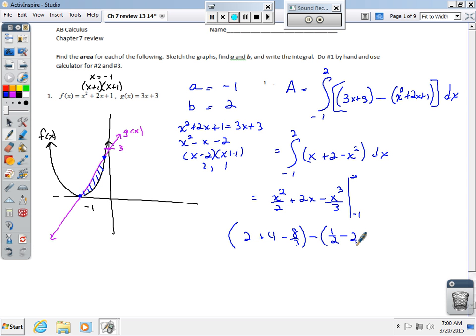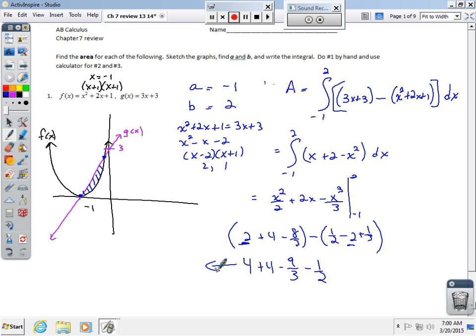That's -1/3, but the negatives will make it positive 1/3. All right, let's see. This 2 and that's going to be a positive 2. That'll give me a 4. Plus that 4. A -8/3 and a -1/3 is a -9/3, which is -3. And then a minus a half.